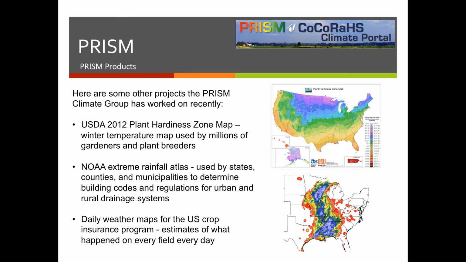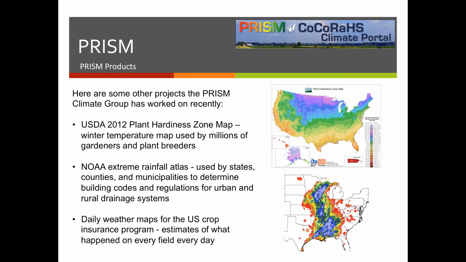Just earlier in 2012, one of their most popular maps ever, the new Plant Hardiness Zone map, and I don't know how many millions of people have hit that website already to look at their plant zones, but also maps of average precipitation, now maps of individual daily and short duration precipitation, maps for extreme precipitation being used by civil engineers and stormwater and floodplain managers.